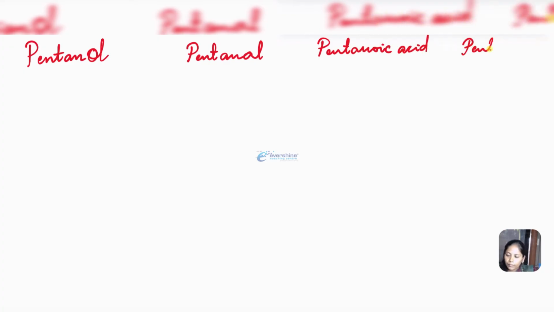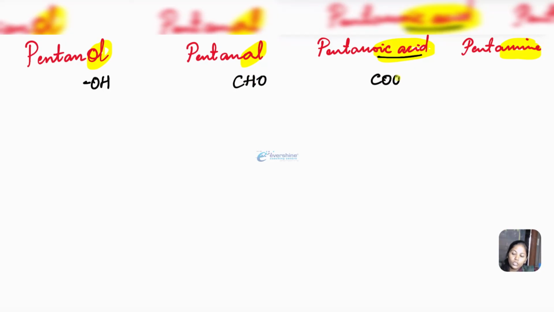So you should see OL is there. You should see AL. You should see oic acid is there. You should see at the last there is amine. So whenever there is OL, you should use OH. Whenever there is AL, you should use CHO. Whenever there is oic acid, you should use COOH. Whenever there is amine, you should use NH2.